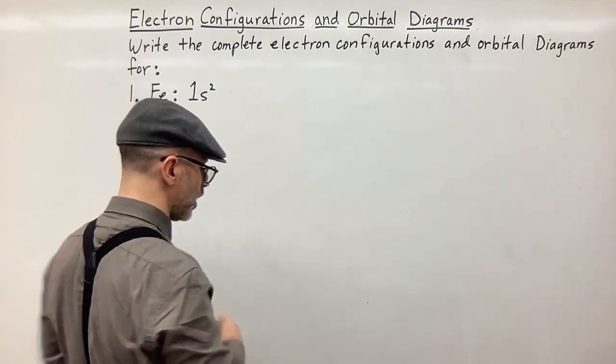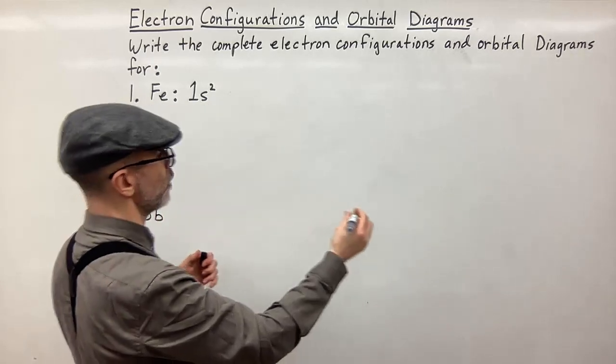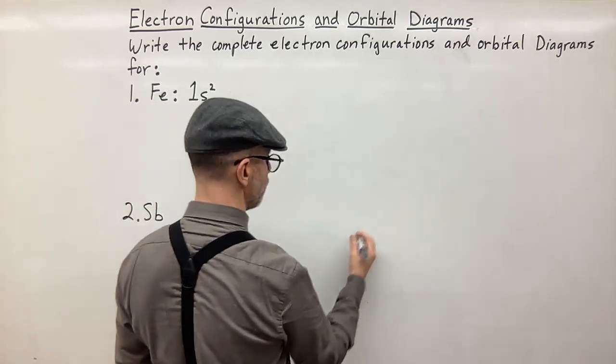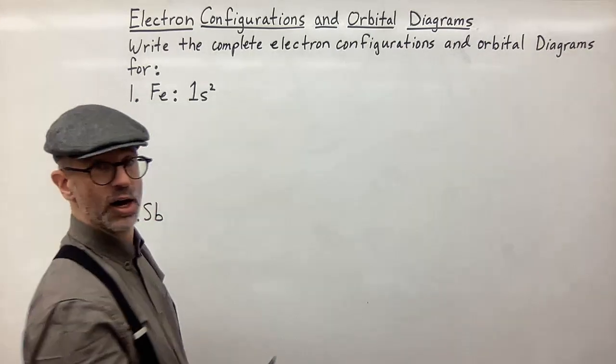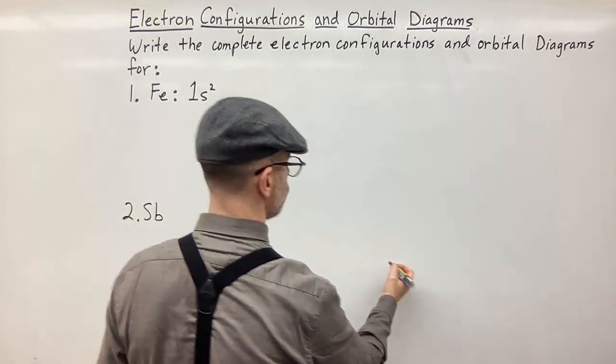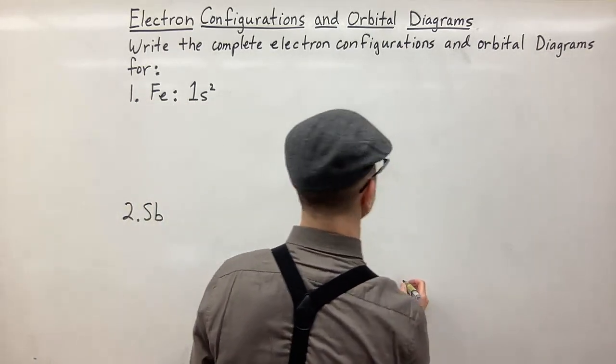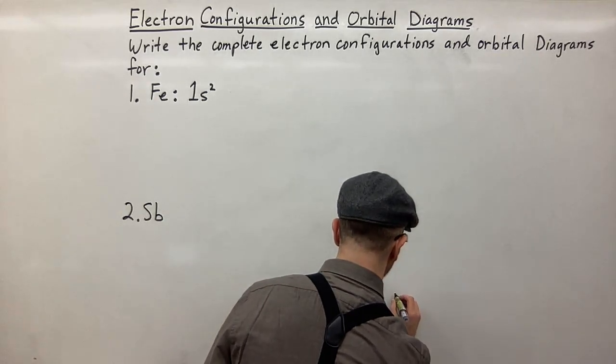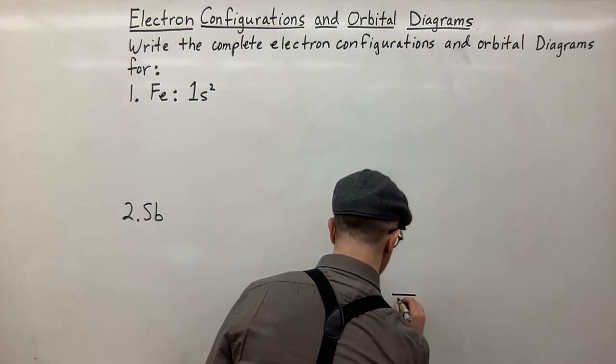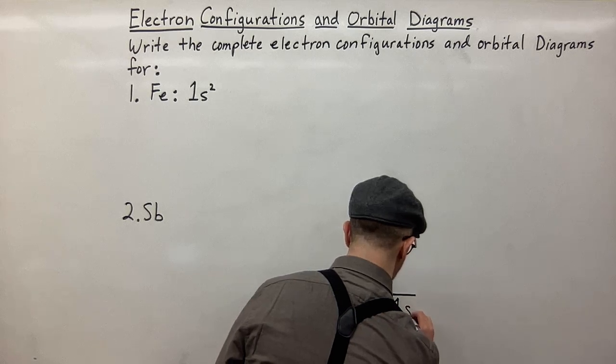So here, let me start by writing out the orbital diagram first, so that way we have something to look at as well. The orbital diagram, I won't write out the whole thing, but enough to do these problems.